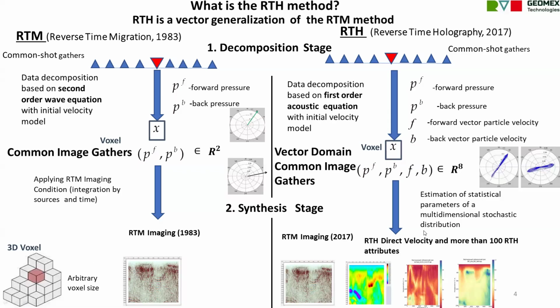In our case, in each voxel we estimate the huge event and can obtain the direct RTM imaging, for example RTH imaging, RTH impedance, RTH fracture velocity, and many others, more than 100 attributes. So reverse time holography is a vector generalization of reverse time migration.